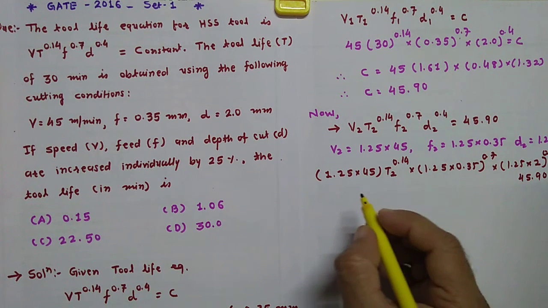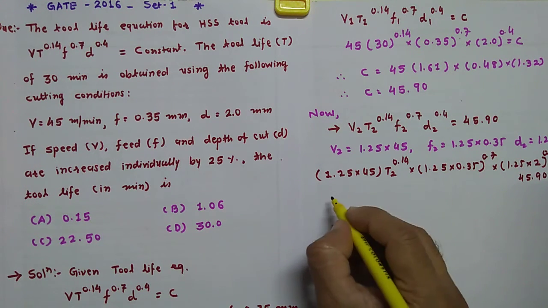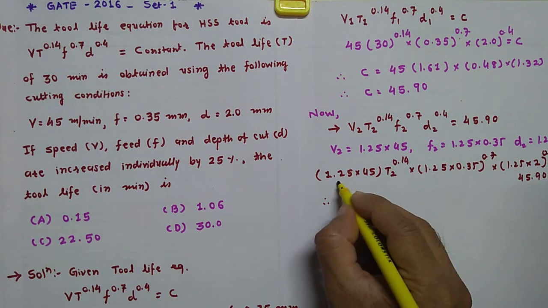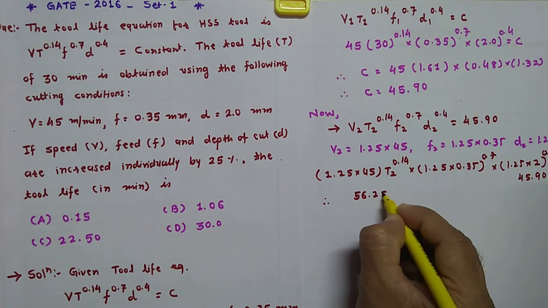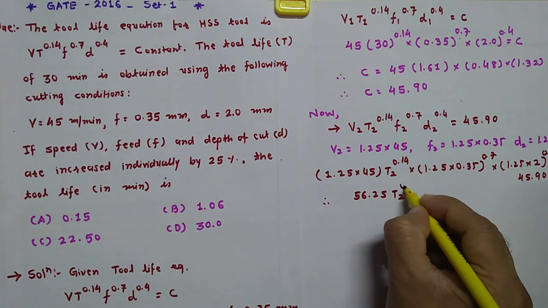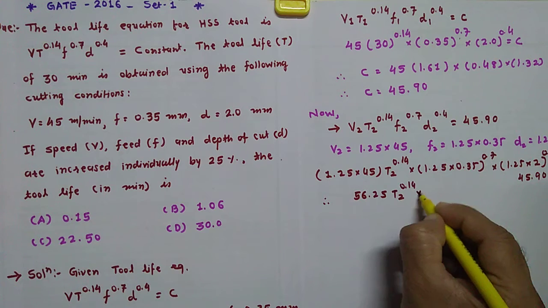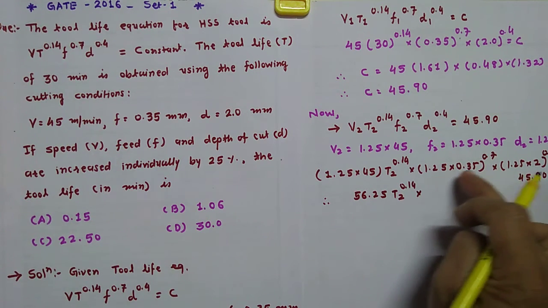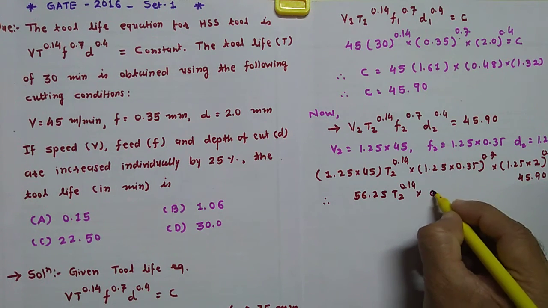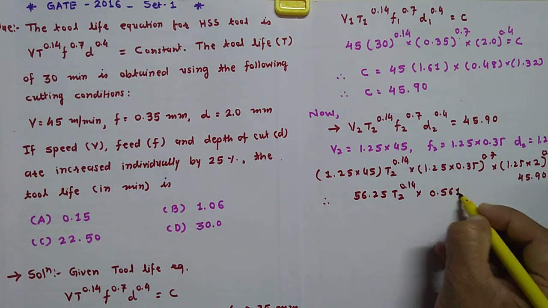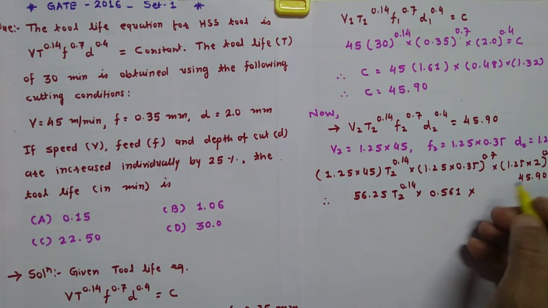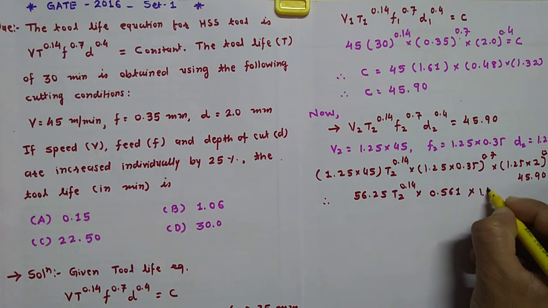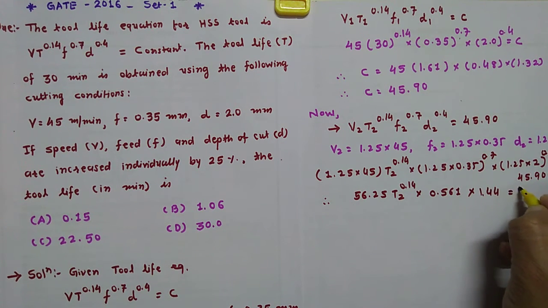So 1.25 into 45 is 56.25 into T2^0.14. Then the multiplication of the feed term is 0.561, and the depth of cut term raised to 0.4 is 1.44, is equal to 45.90.